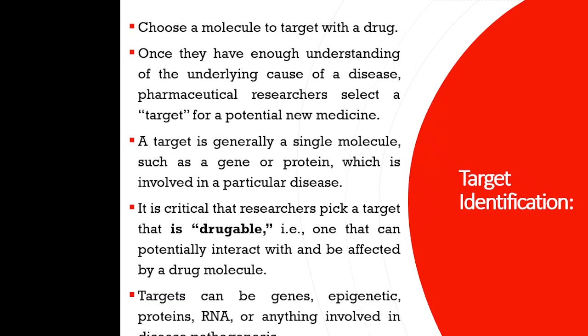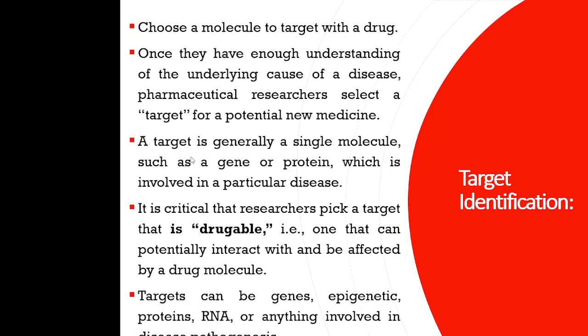The protein molecule that we find responsible for the development of the disease should be druggable, that is, it should be influenced by a drug. The drug will be able to interact with it. The drug will be able to either activate or inhibit that particular protein molecule.